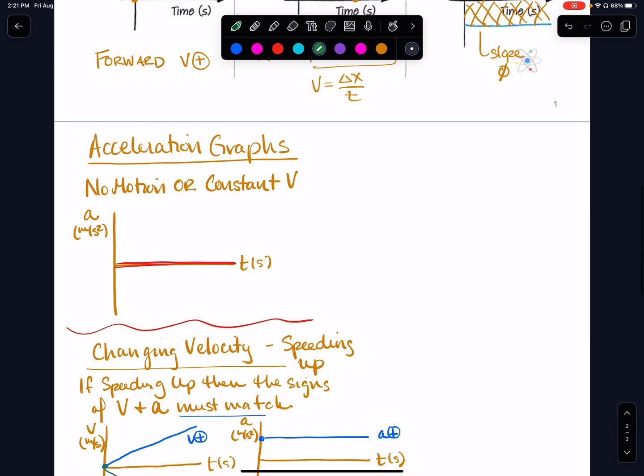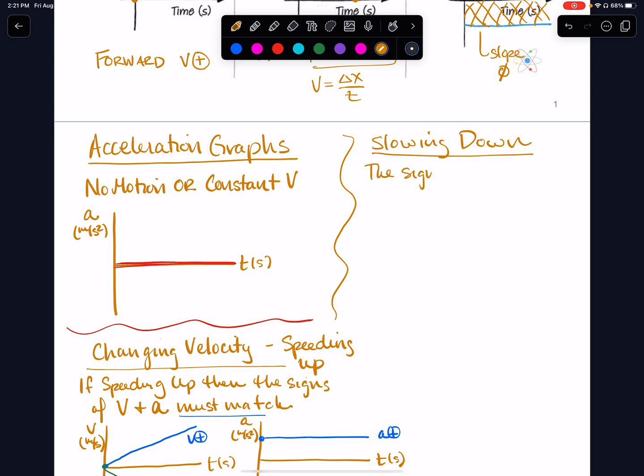All right, now let's try one where we're going to be slowing down. Now if you're slowing down, remember the signs of velocity and acceleration must now be opposite of each other.